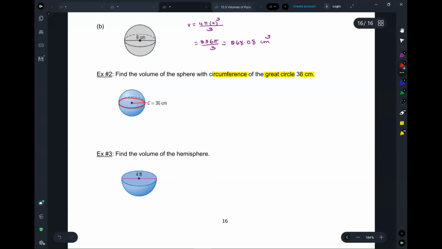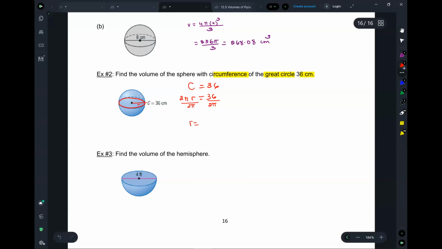And the radius is the same as the radius of the sphere. So the circumference is 36, meaning 2 pi r is 36. We need to find r in order to find the volume. So divide by 2 pi, divide by 2 pi.